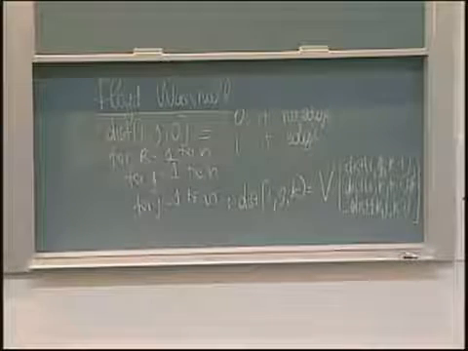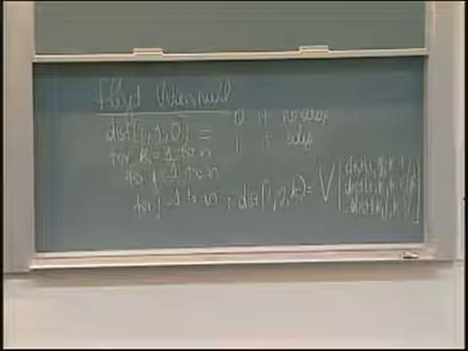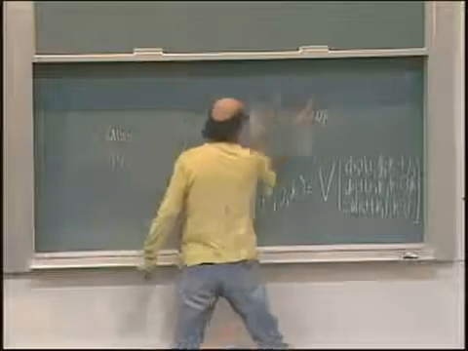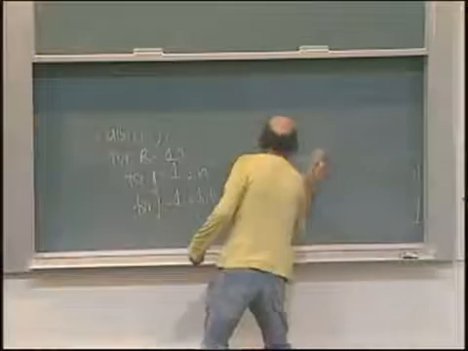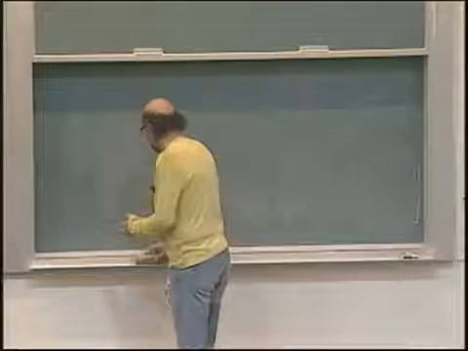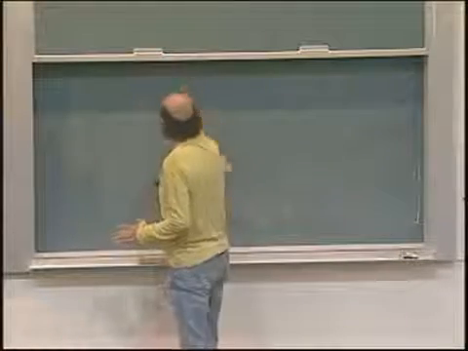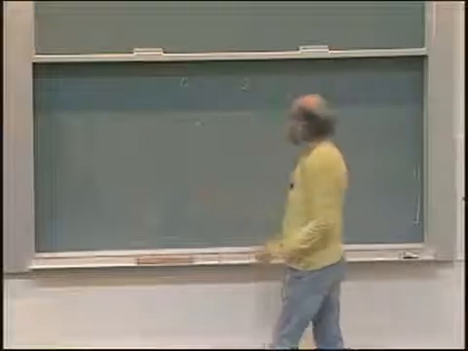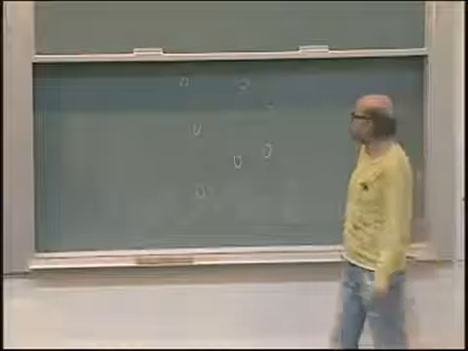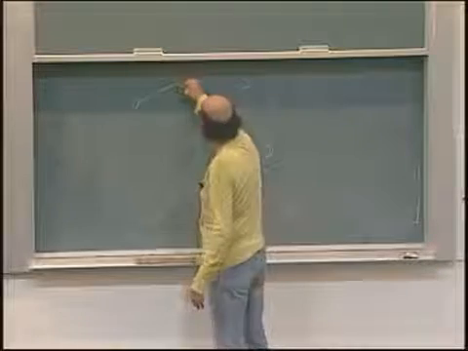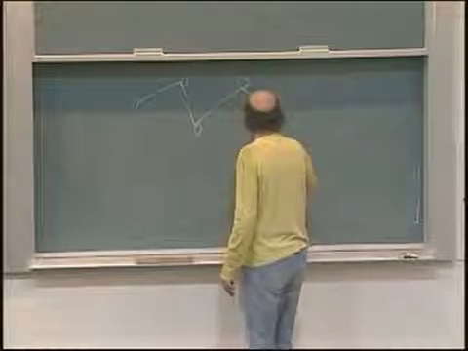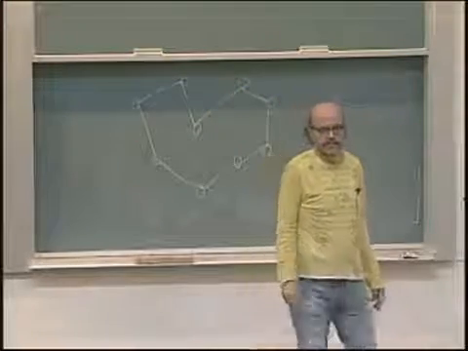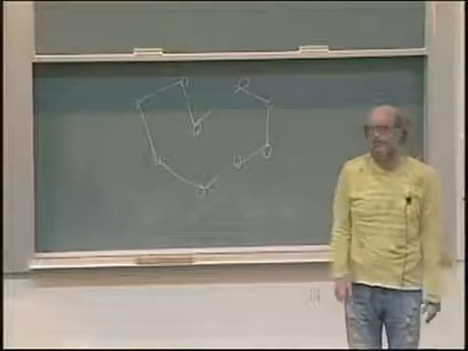You are given a bunch of cities, okay? A bunch of cities on the map, and what you want to do is you want to find the shortest cycle that joins them all, okay?